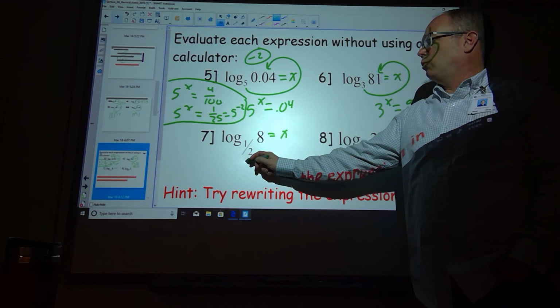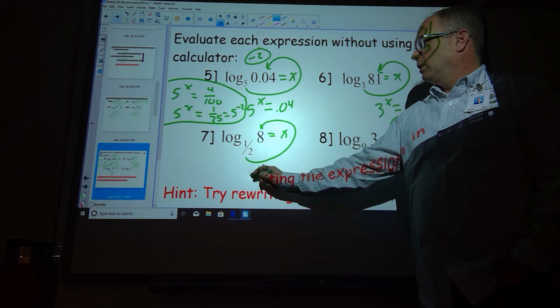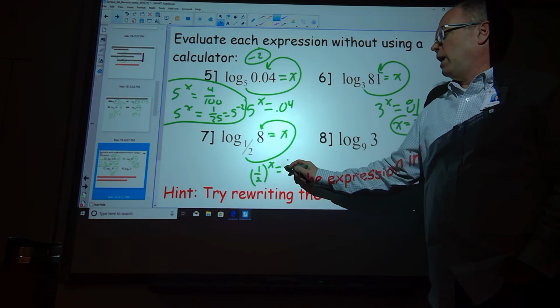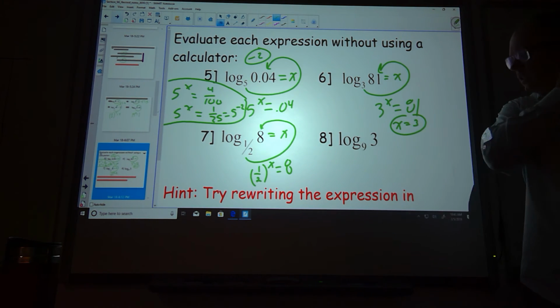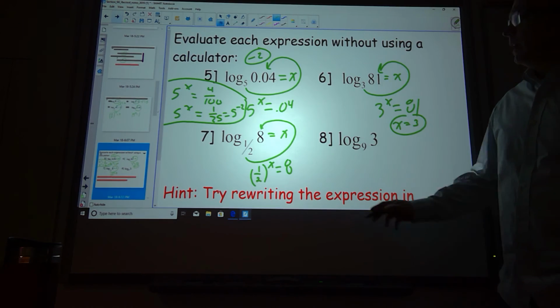Again, we'll do this. Make it equal to x. 1/2 to the x is equal to 8. Okay? That doesn't look so friendly. So how can I make 1/2 no longer 1/2? I want it to have a multiply by negative 1.